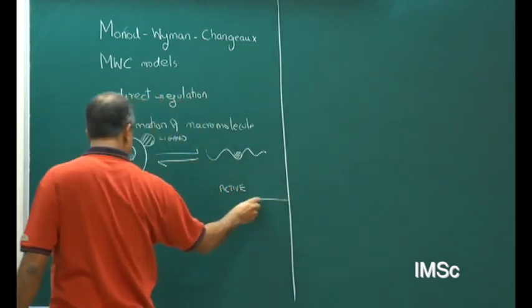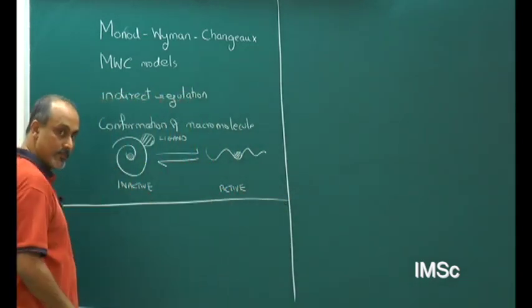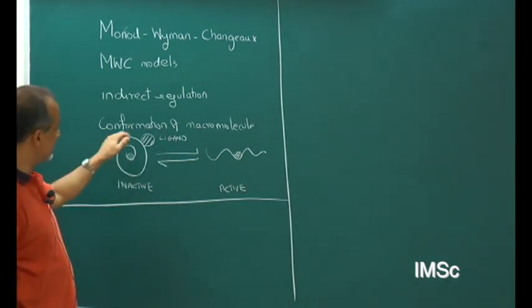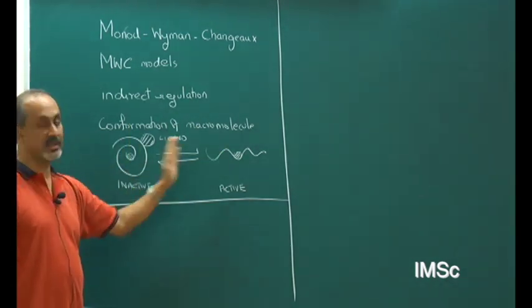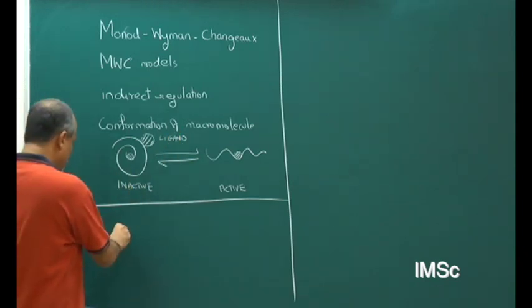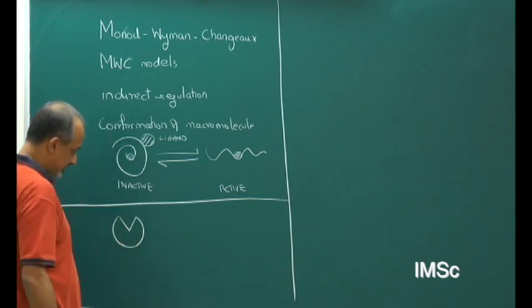So remember what we did, we drew a couple of cartoons the last time. So why is it indirect regulation? Because it's not directly doing anything towards exposing this, it just changes the energies of these two relative states to each other. So I'll just write that down, just to remind you. Remember that the way we drew this the last time was to sort of imagine some structure like this.